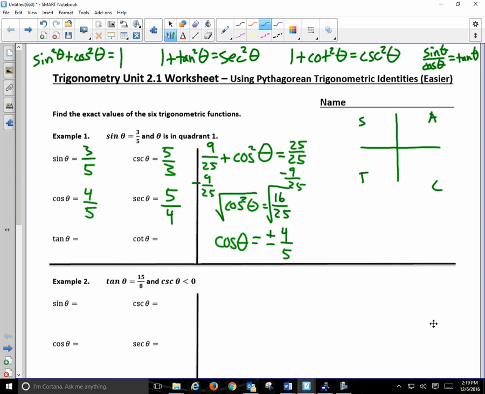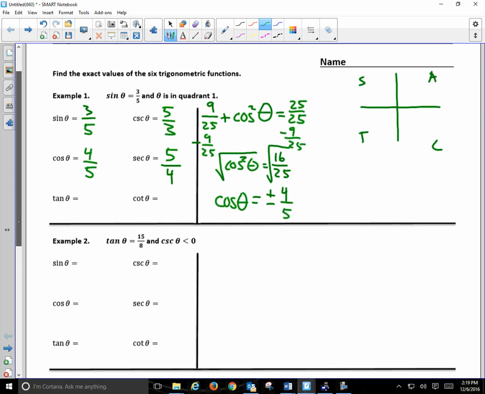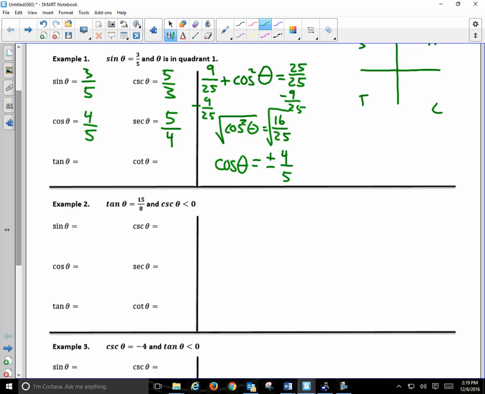Now that I have sine and cosine, do you know what value I'm going to figure out? Tangent. I'm going to use sine divided by cosine as tangent. Sine is 3/5 divided by cosine, 4/5. How do I divide two fractions?